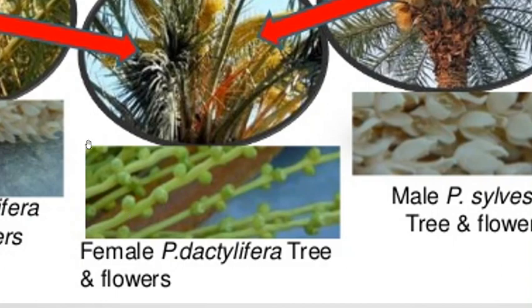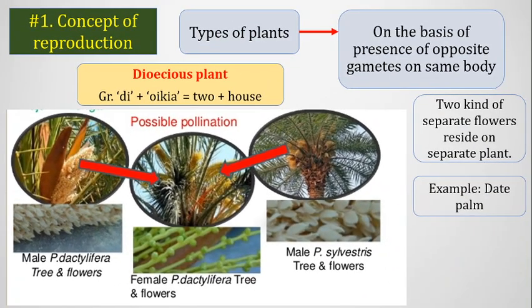When pollen grains reach the female flowers, it eventually fertilizes them, and these female flowers eventually turn into dates. So we say that date palm is an example of a dioecious plant.